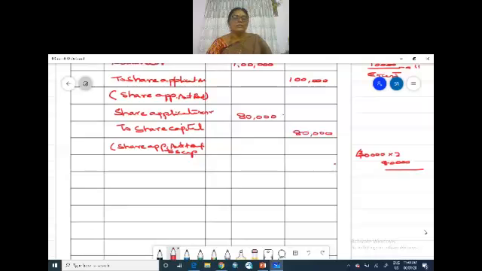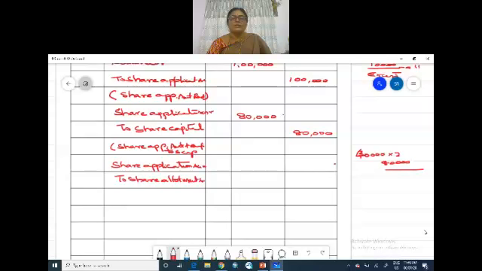So, you're going to adjust the balance amount: share application account debit to share allotment.